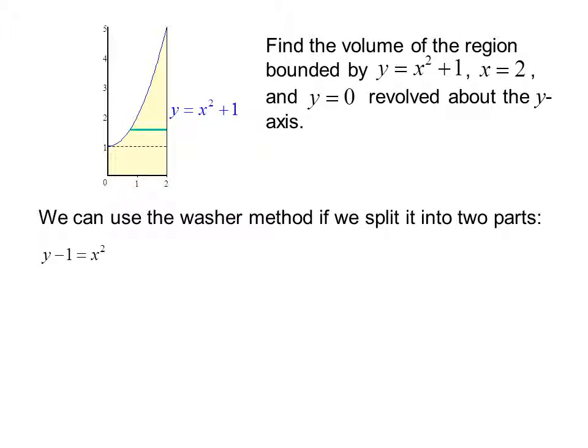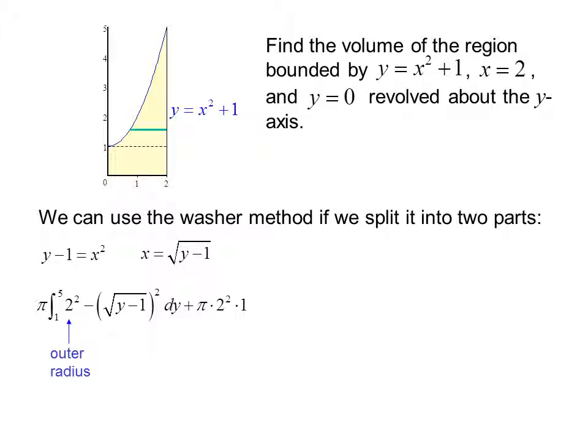The equation of the curve was y equals x squared plus 1. We need to solve for x, so we get y minus 1 equals x squared, or x equals radical y minus 1. Our integral becomes pi times the integral from 1 to 5 of 2 squared minus radical y minus 1 squared dy, plus pi times 2 squared times 1.